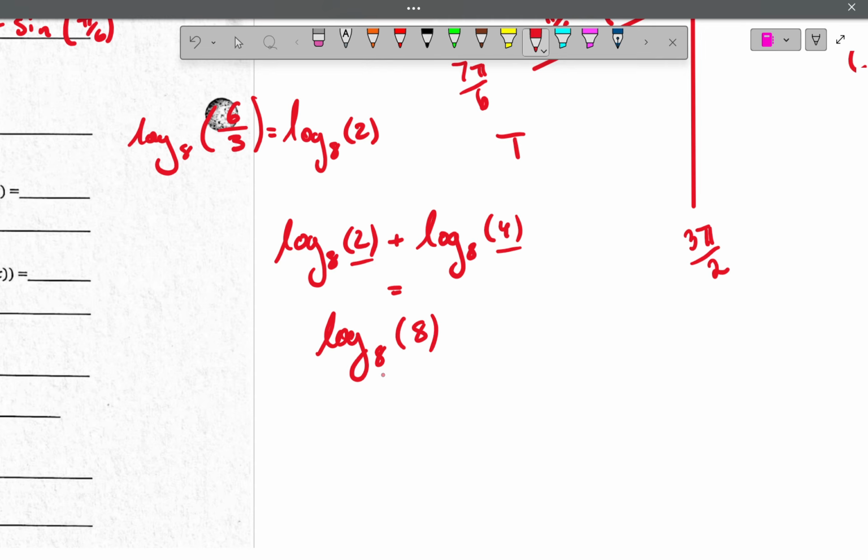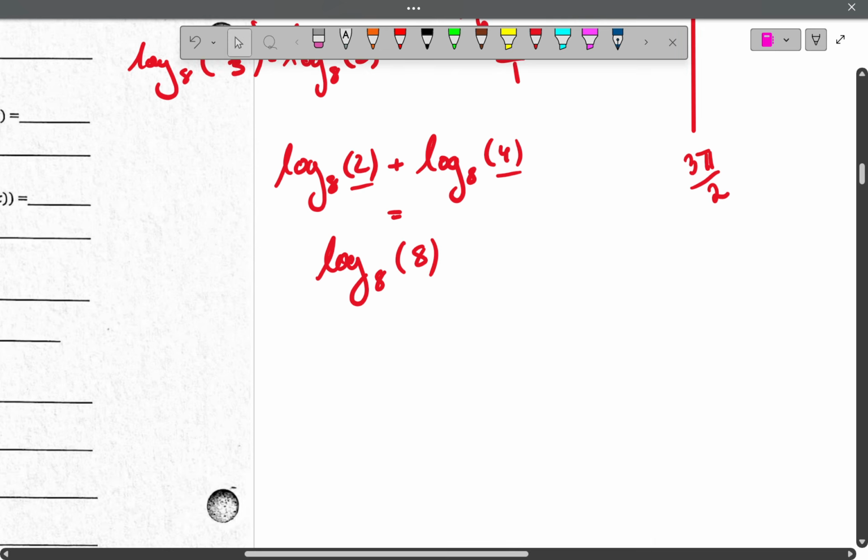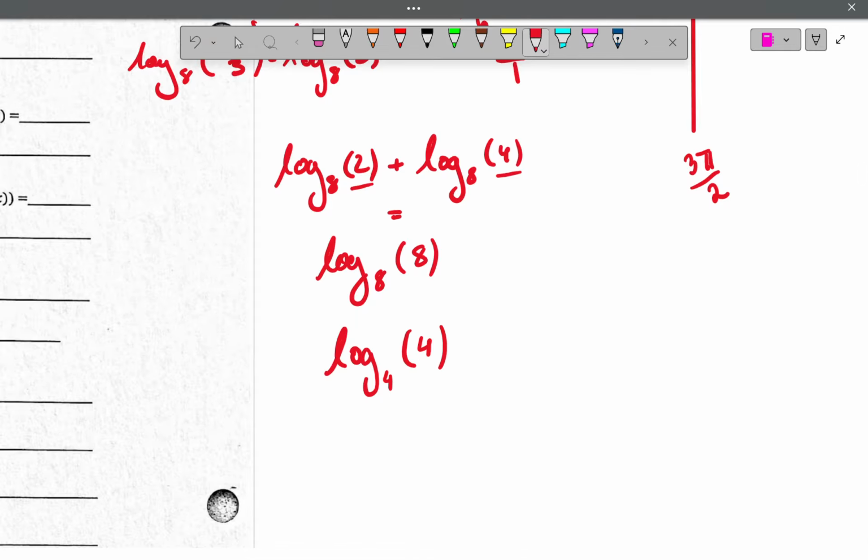However, if you get 8 and 8, anytime that you get any logarithm, log base anything, so it could be like log base 4 of 4, just as a reminder of what the logarithm is, it's saying 4 to what power is going to give you 4, or 8 to what power is going to give you 8.